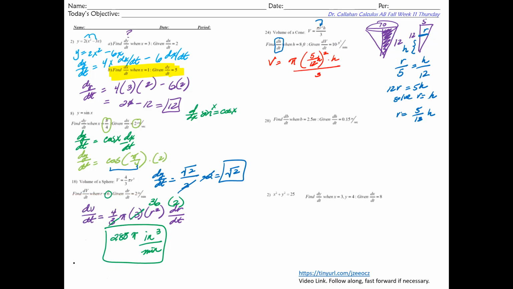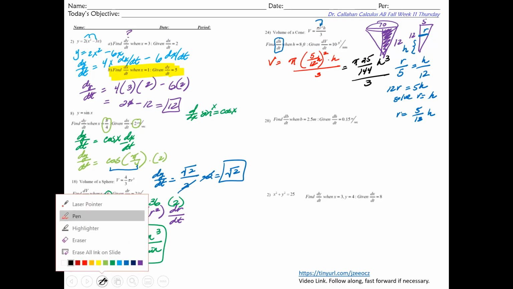And I want to simplify this a little bit more. So then I'm going to have 5 times 5, which is 25. 12 times 12 is 144. So then that is going to equal, don't forget your pi, 25 over 144 h squared times h is h cubed, all the way over 3.